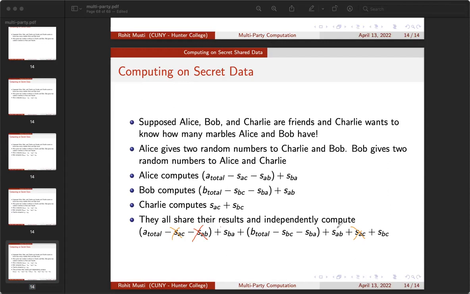Where plus AB go? There it is. Then we have plus SBA. We have minus SBA. Then we have minus SBC. We have plus SBC. And we're left with Alice's total plus Bob's total, which is kind of a cute way of sharing secrets.